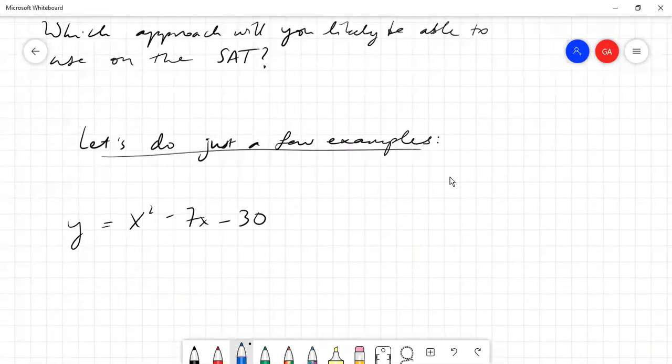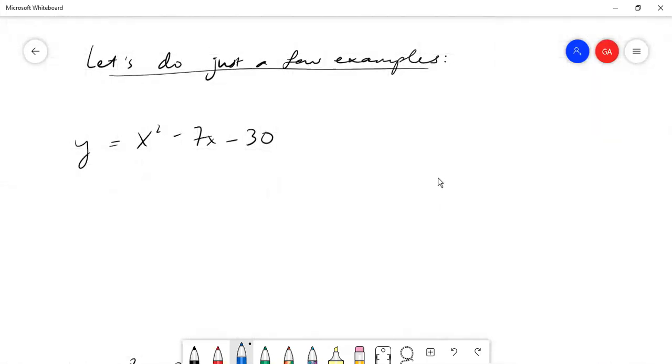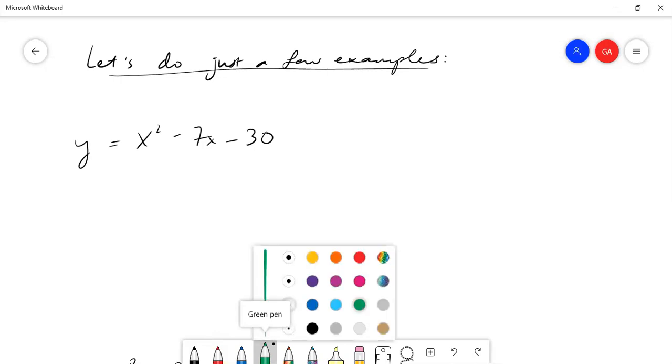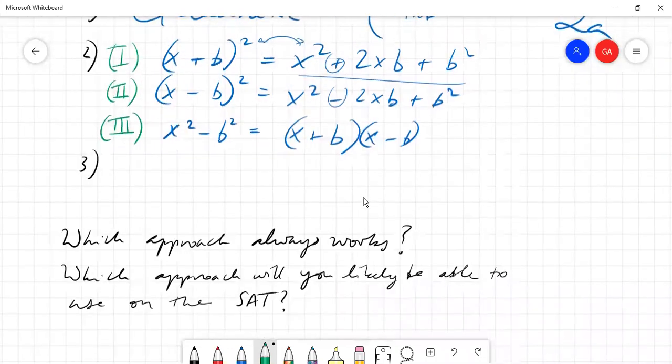So can someone walk me through this one? y equals x squared minus 7x minus 30. We can do that thing that you showed us yesterday, x times x, and then on the other side you list the factors. So big picture, first of all, does this fall under one of those special cases, 1, 2, or 3?